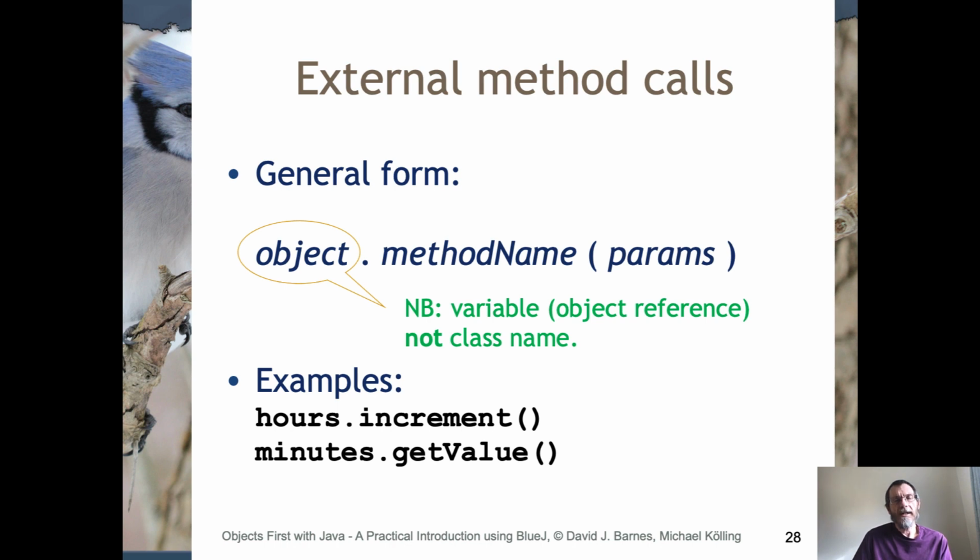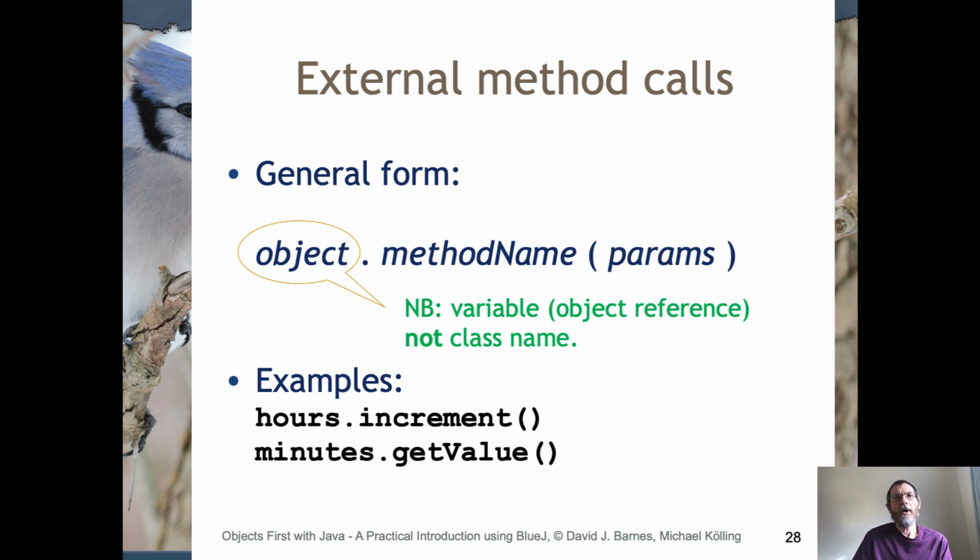It would be a mistake to write numberdisplay.increment or numberdisplay.getValue. So even though increment and getValue are methods defined inside the numberdisplay class, what we are interested in is calling increment or getValue on one particular instance of that class, a specific instance of that class.